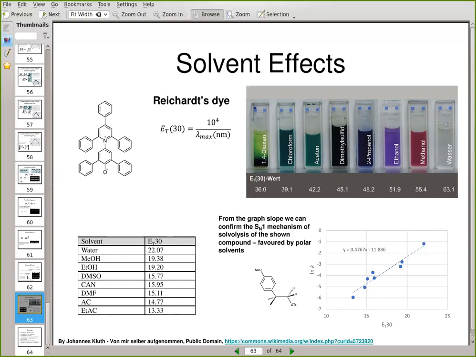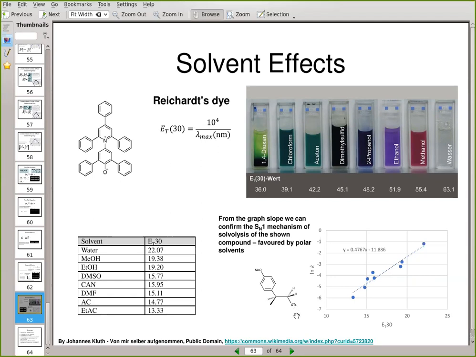So for example, in the solvolysis, that means the breakdown of that molecule in solvent, in the solvolysis of this particular molecule. If you plot ln of k against these values, you can see that you get a positive slope. And of course, the value of the slope relates to whether it's an SN1 mechanism, so the loss of the tosylate group.